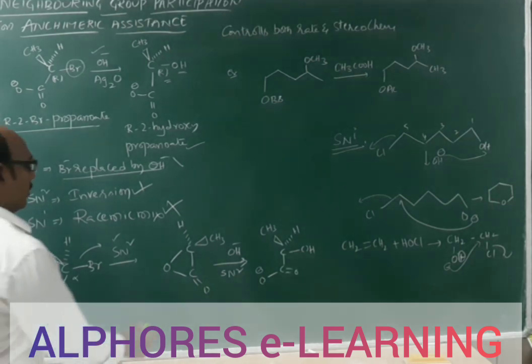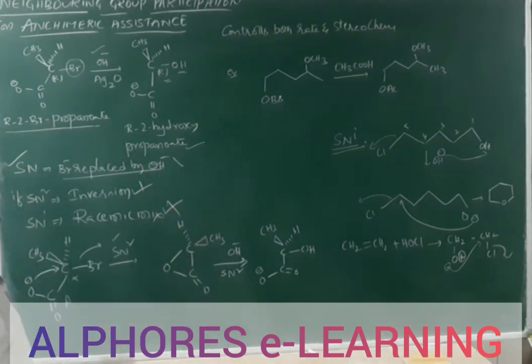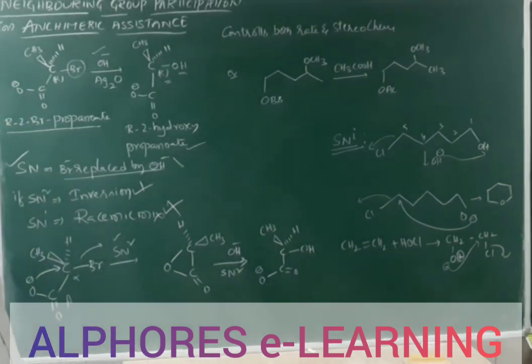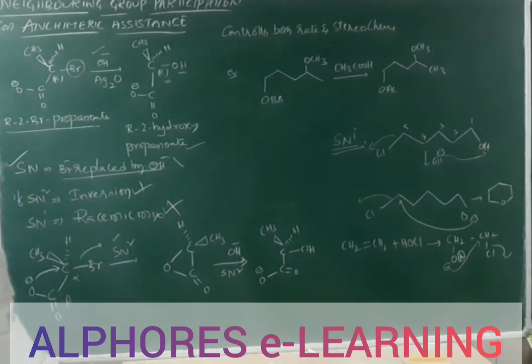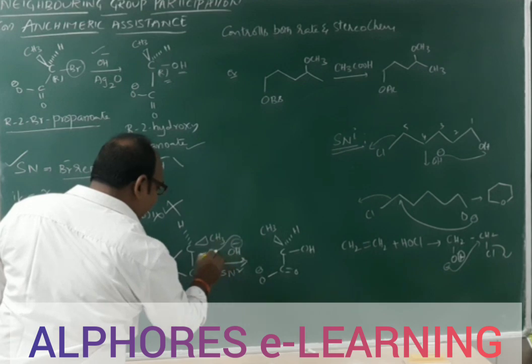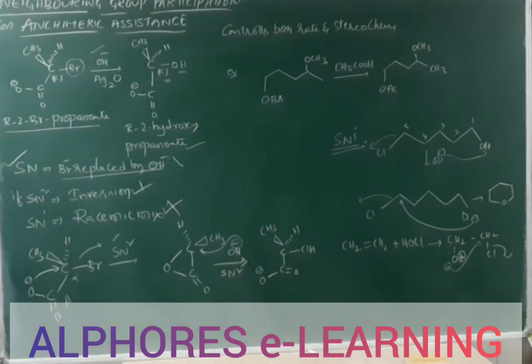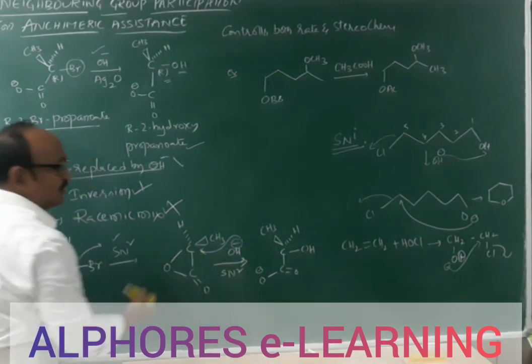So it is similar to the earlier epoxide, but here the reaction did not stop. We are using a low concentration of OH minus, and that OH minus again attacks from the rear side with respect to this oxygen.